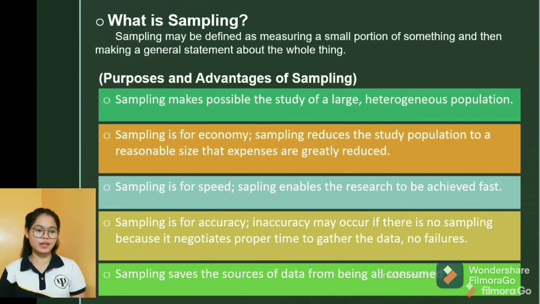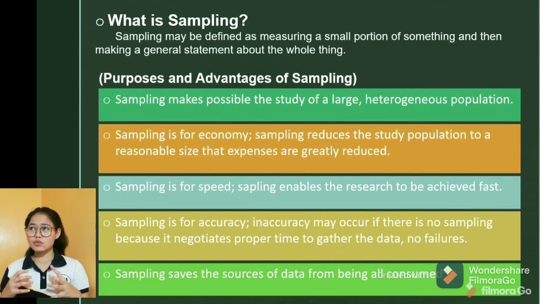Third, sampling is for speed. Sampling enables the research to be achieved fast. I agree with this, that sampling enables the research to be achieved fast, because I believe that with sampling, we can do the research more efficiently and fast.